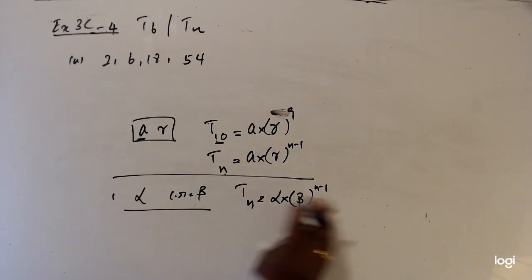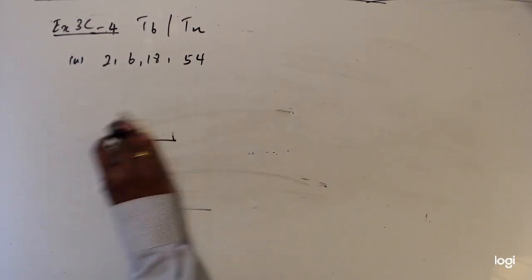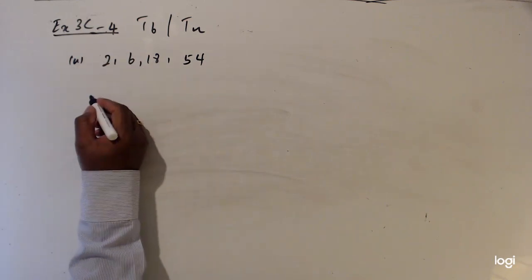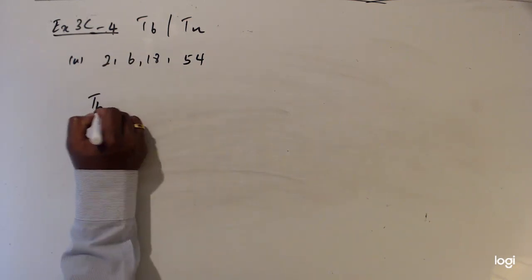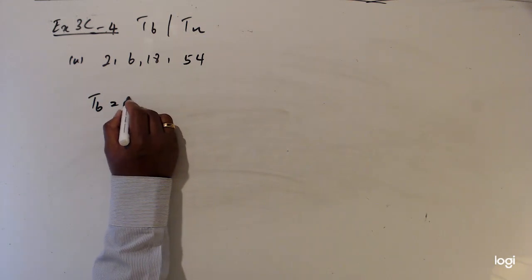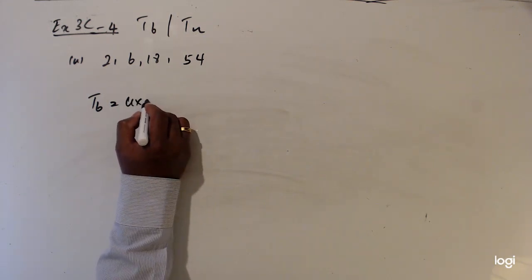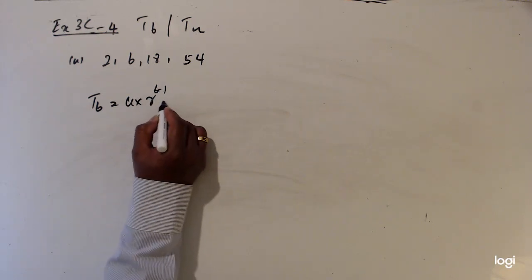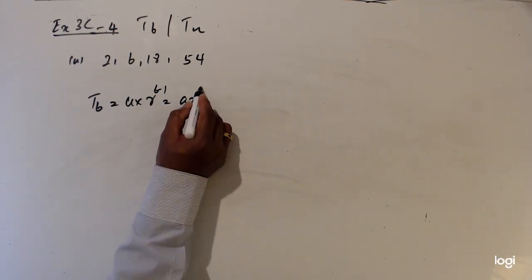So likewise, we need the 6th term. T6 means the first term multiplied by the common ratio. What is the power? 6 minus 1. So ar to the power 5 we need.